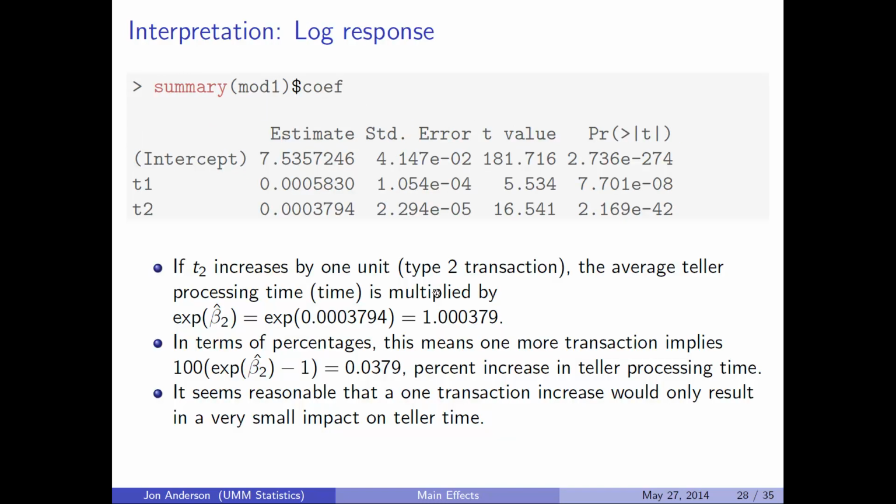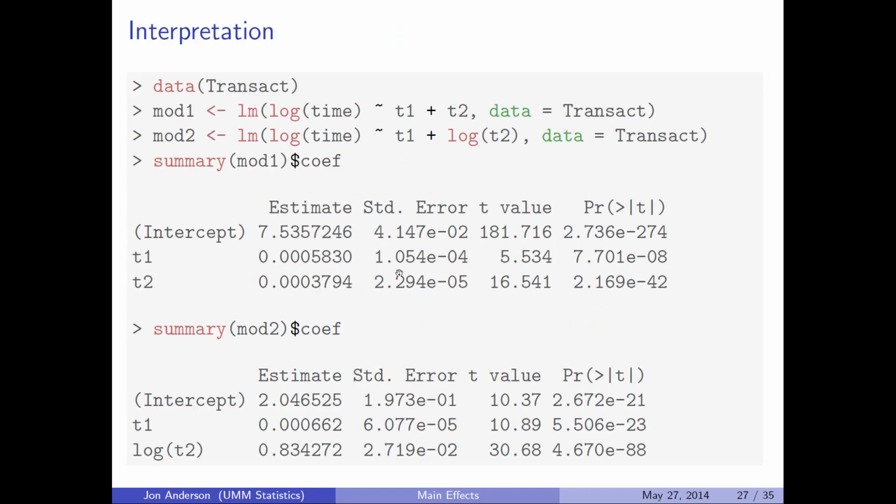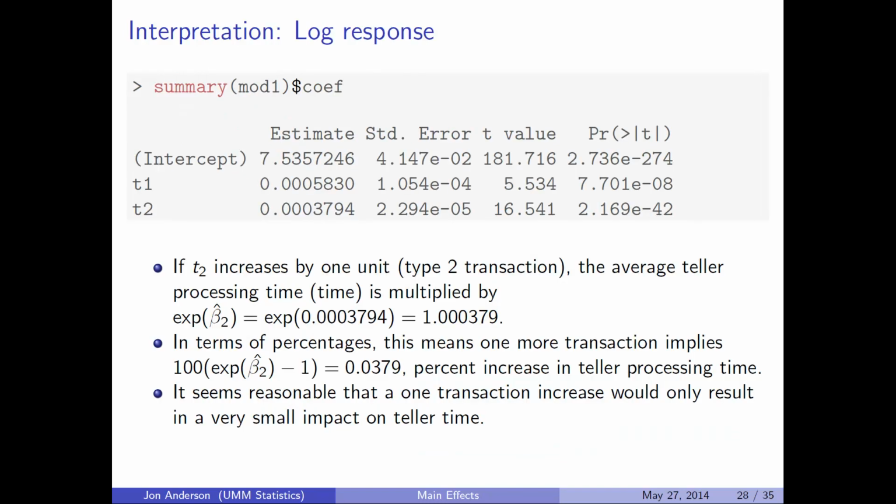We're going to go through interpretations for these. So first of all, let's take a look at Model 1 and interpret the T2 coefficient. Model 1, remember, has a logged response, and we're going to interpret a unit increase in Type 2 transactions. In other words, one more transaction. What does it mean?